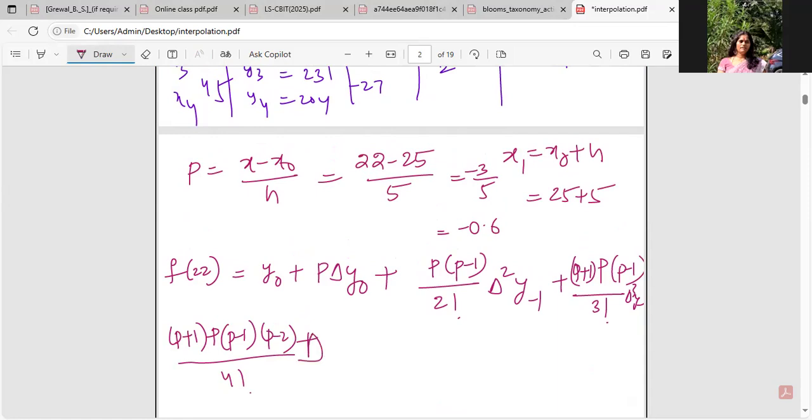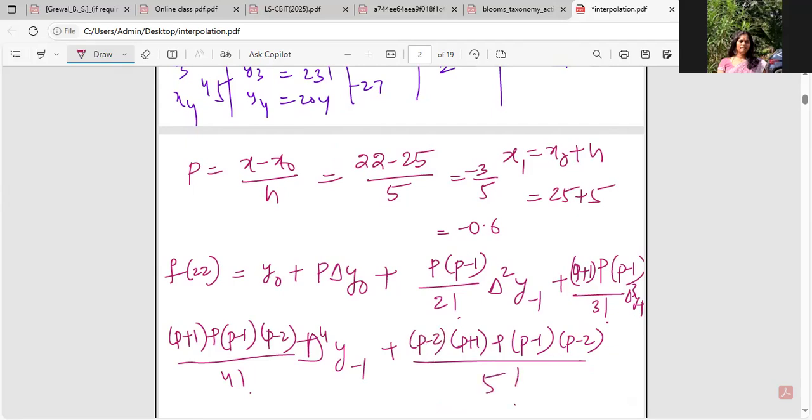This would be delta power 4 y minus 1. This also minus 1 only. Plus, see this last one: one step forward, one step backward, one step forward, and finally one step backward. 5 differences I am considering.